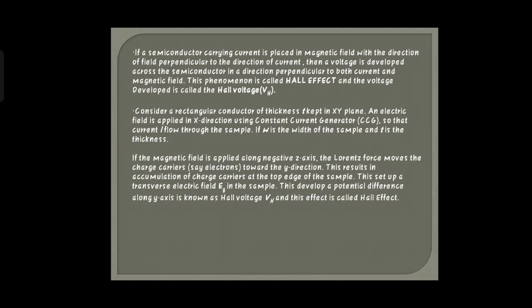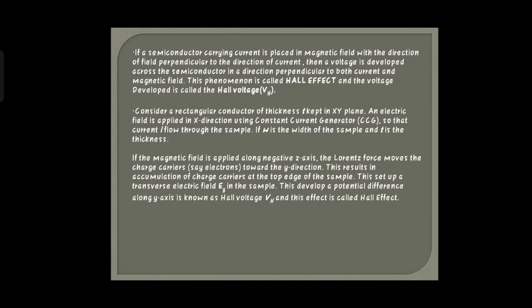Now let us see how the Hall effect works. For that, consider a rectangular conductor of thickness T kept in the xy plane. An electric field is applied in the x direction using a constant current generator so that the current flows through the sample. If W is the width of the sample and T is the thickness, and the magnetic field is applied along the negative z-axis, then the Lorentz force moves the charge carriers towards the y direction.